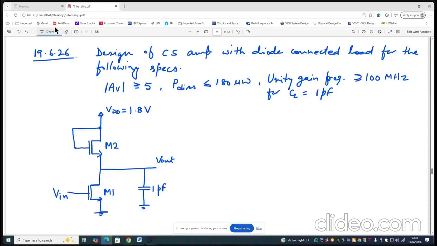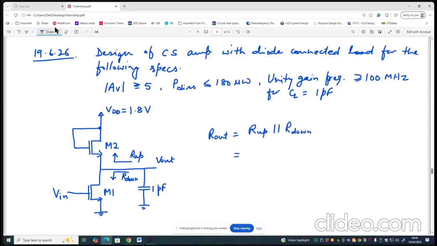Now let's derive the expression for gain. So let's say this is resistance looking up, resistance looking down, and therefore R out will be R up parallel R down.